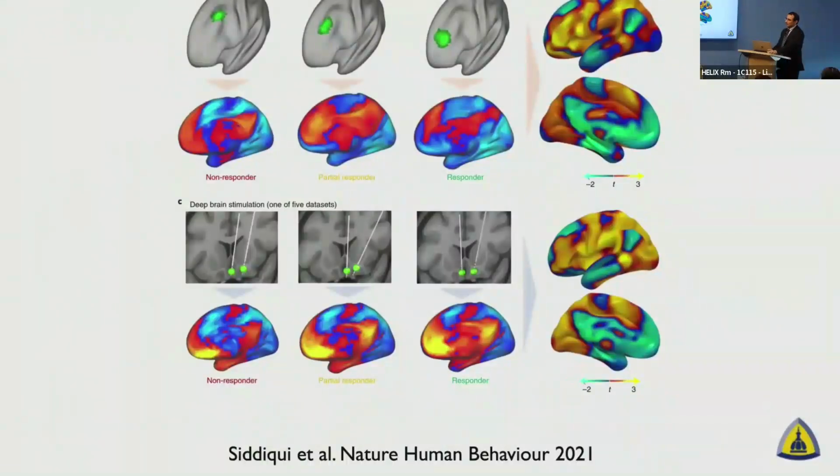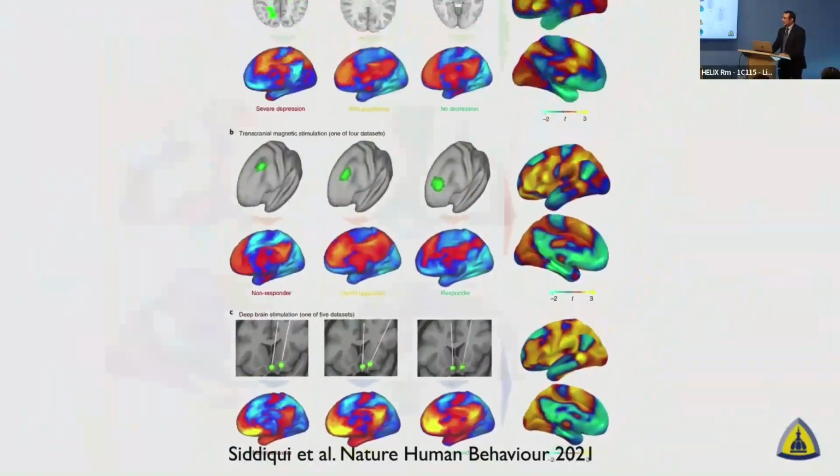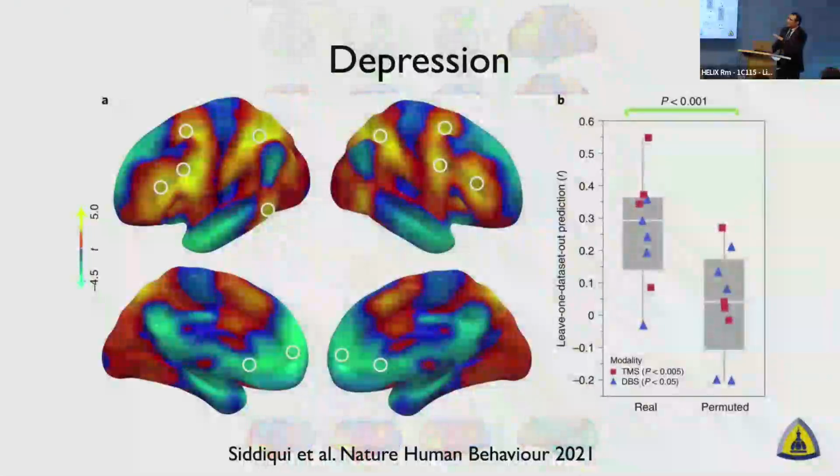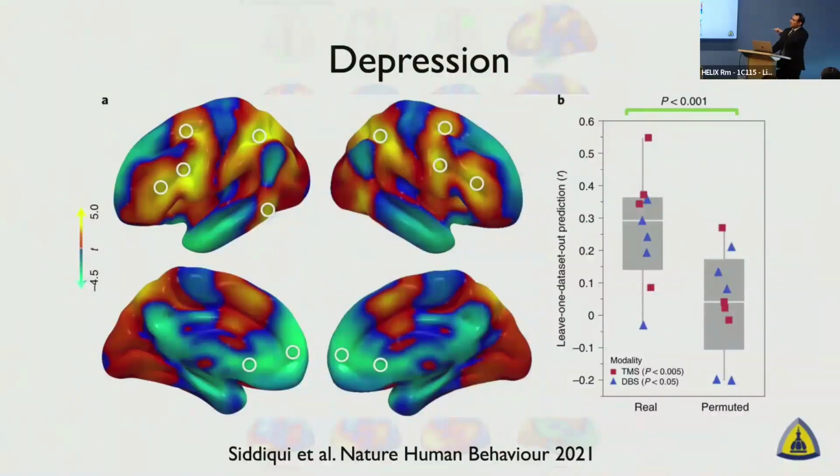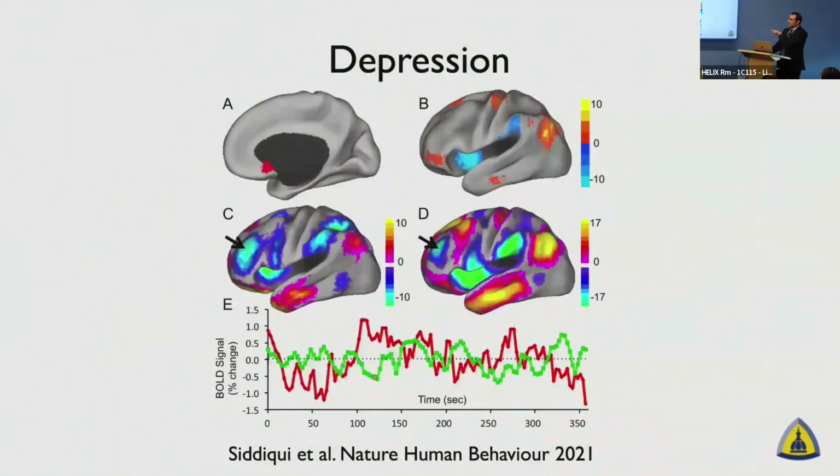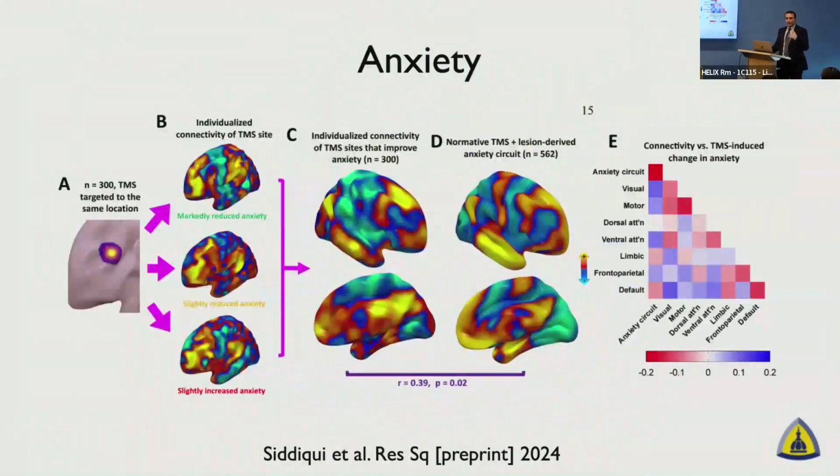You can try to classify which patients might do better based on different patterns of connectivity in depression. In this particular example, the connectivity of the dorsolateral prefrontal cortex had a high effect on how well the patient would do following transcranial magnetic stimulation.